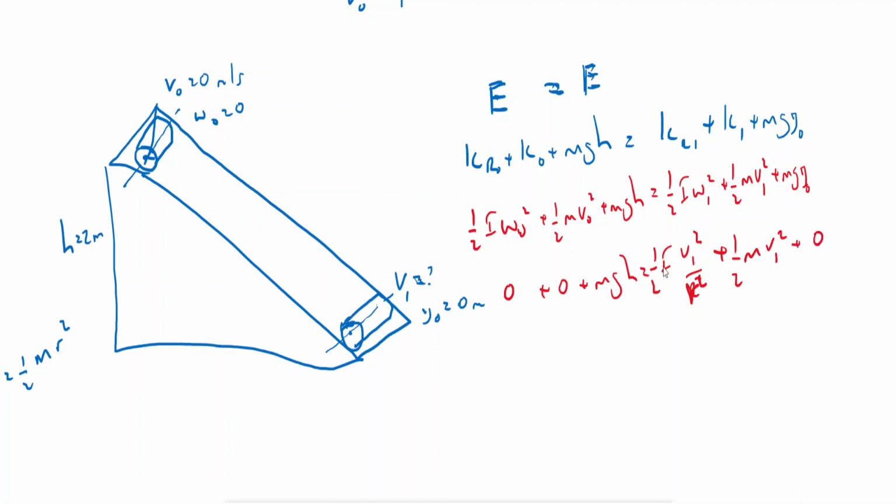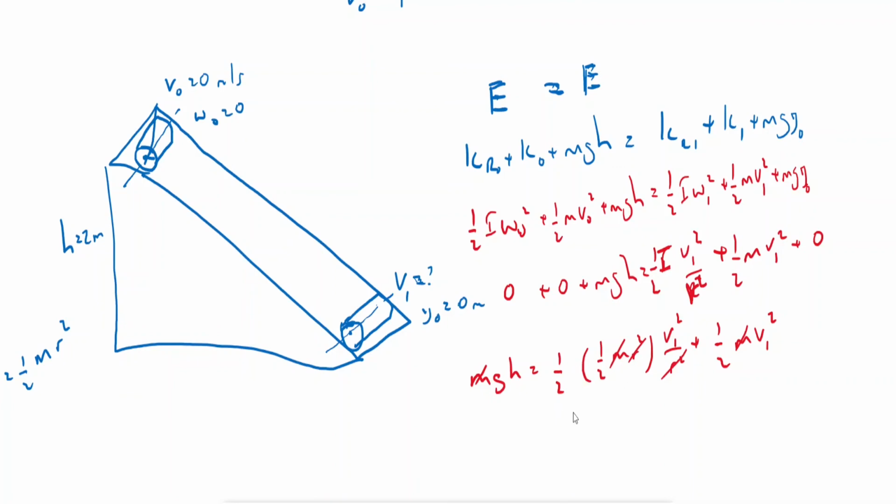All right, so I am going to substitute I equals half m r squared, so mgh is going to be equal to half times half m r squared times v1 squared over r squared, plus half m v1 squared. All right, so the m's are going to cancel, these r squares are going to cancel, so what am I left with?